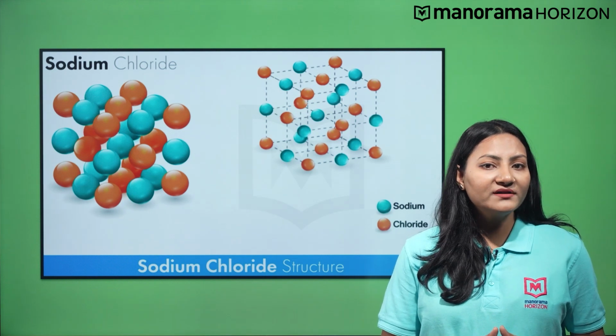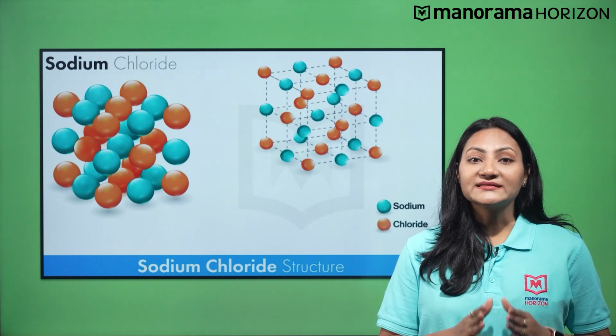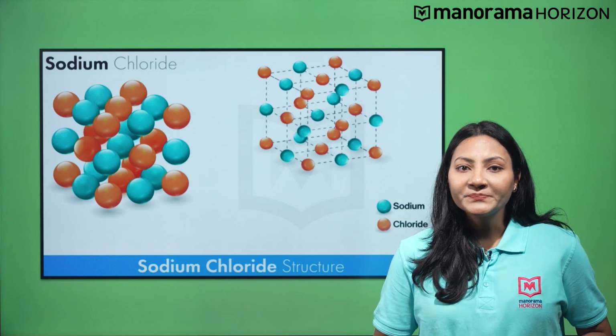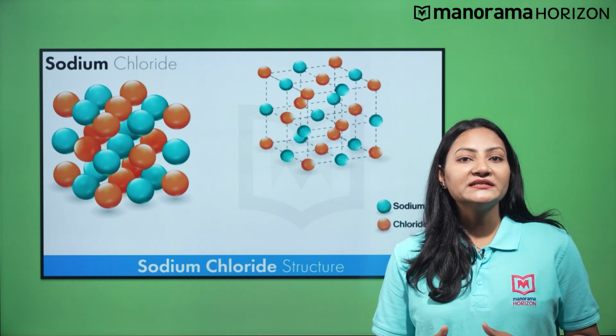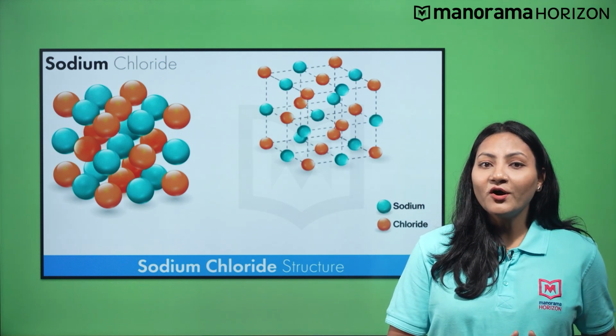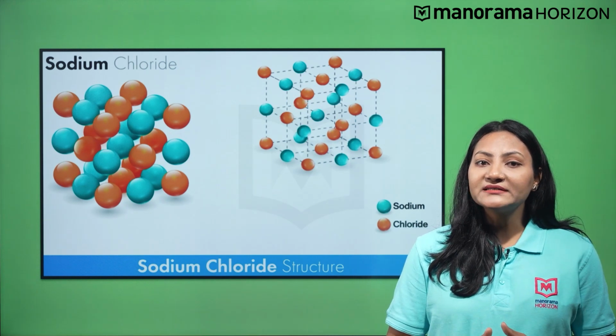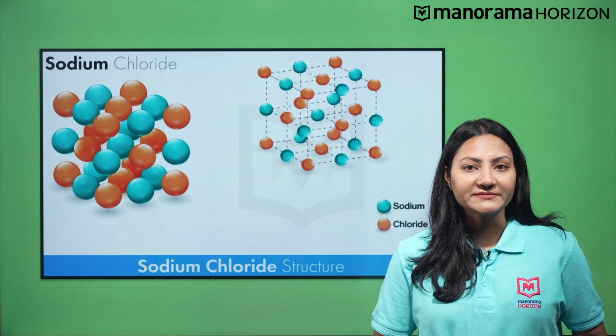Now, what about the stability of an ionic compound? As you know, a system is said to be stable if the total enthalpy change is negative, right? So, the stability of an ionic compound can be determined by calculating the total enthalpy change.